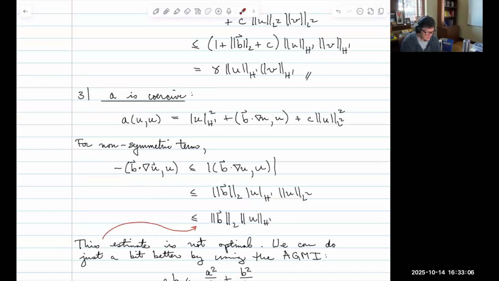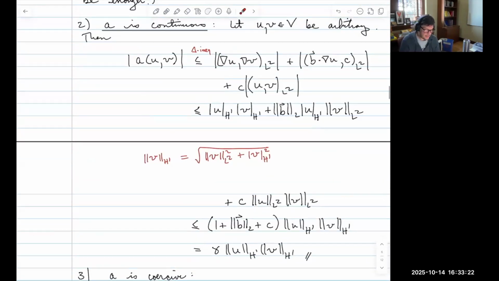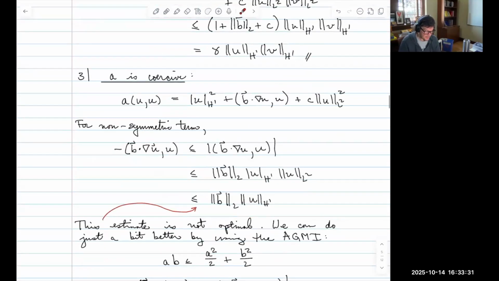Let's estimate this term from above. Using the same trick by which I got the upper estimate of that term, I can get a similar estimate for this term. The only difference is that it's U and U and not U and V.